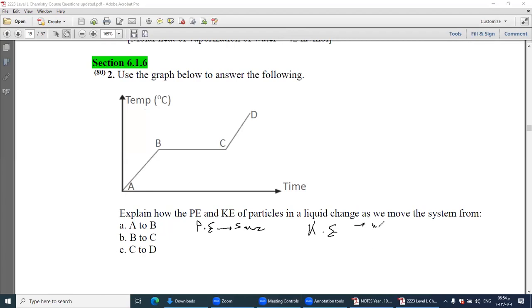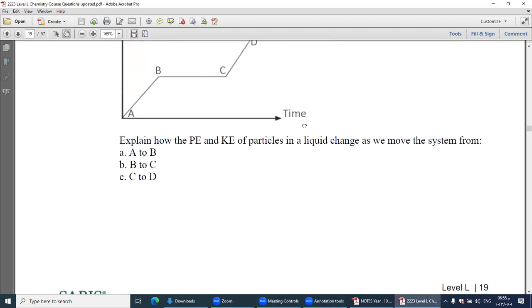Okay, B to C. Potential: increasing. Kinetic: same. C to D. Potential: same. Kinetic: increasing. Excellent. Bravo. Okay.